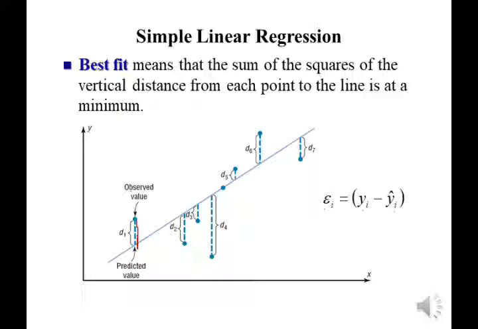So the error for any value xi is equal to the corresponding observed y minus the predicted. Epsilon is y minus y hat. If the observed y is larger than y hat, the error will be positive. If the observed y is smaller than y hat, the error will be negative.